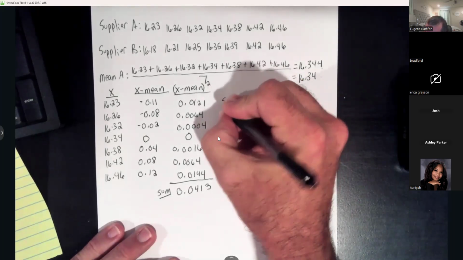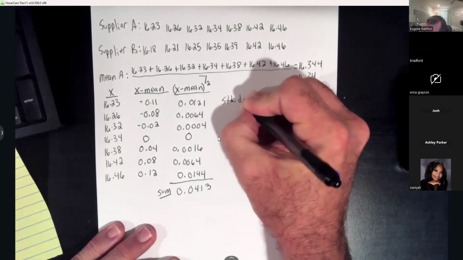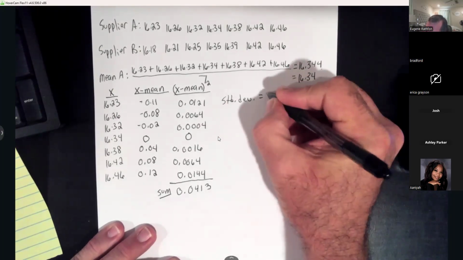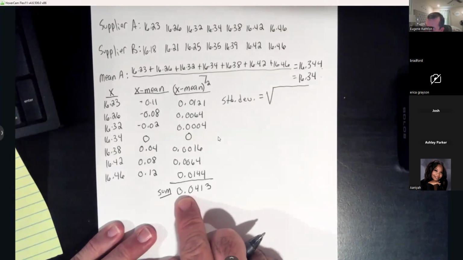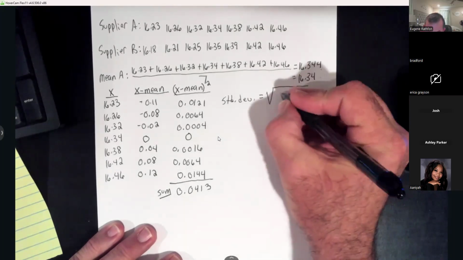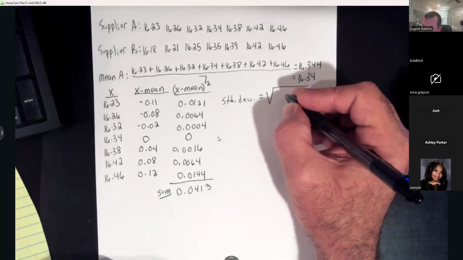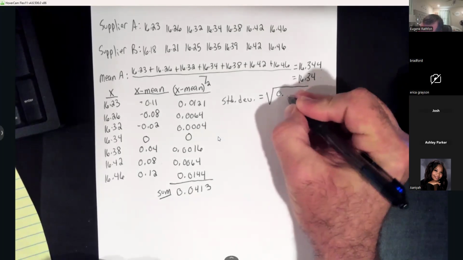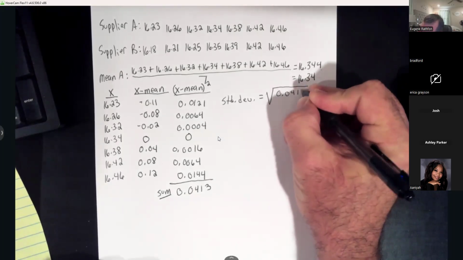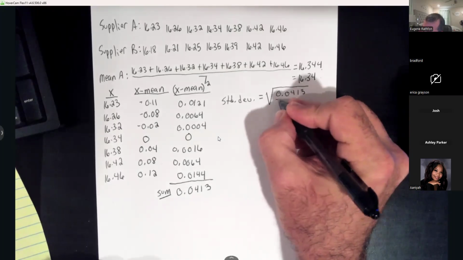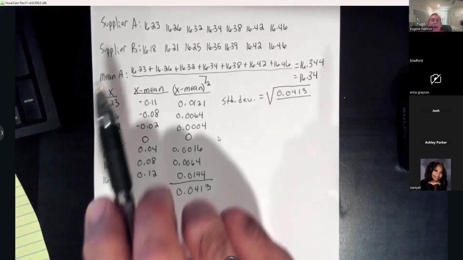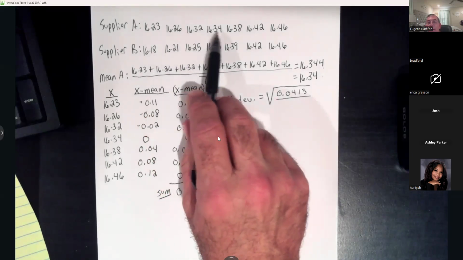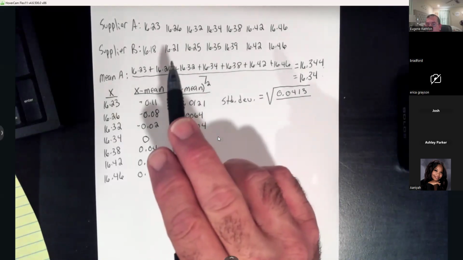So now our standard deviation is going to equal the square root of this sum right here, which is what? 0.0413 divided by the total number of data points minus 1.